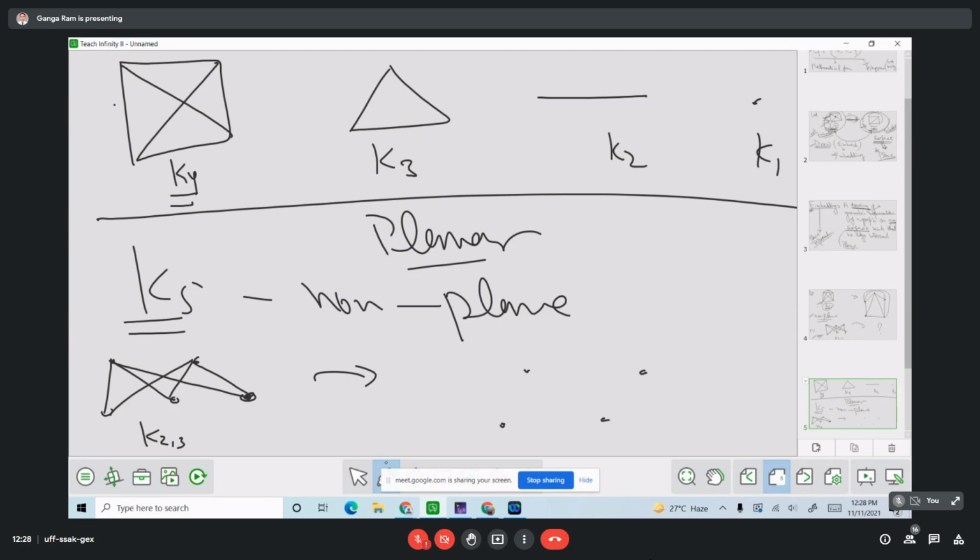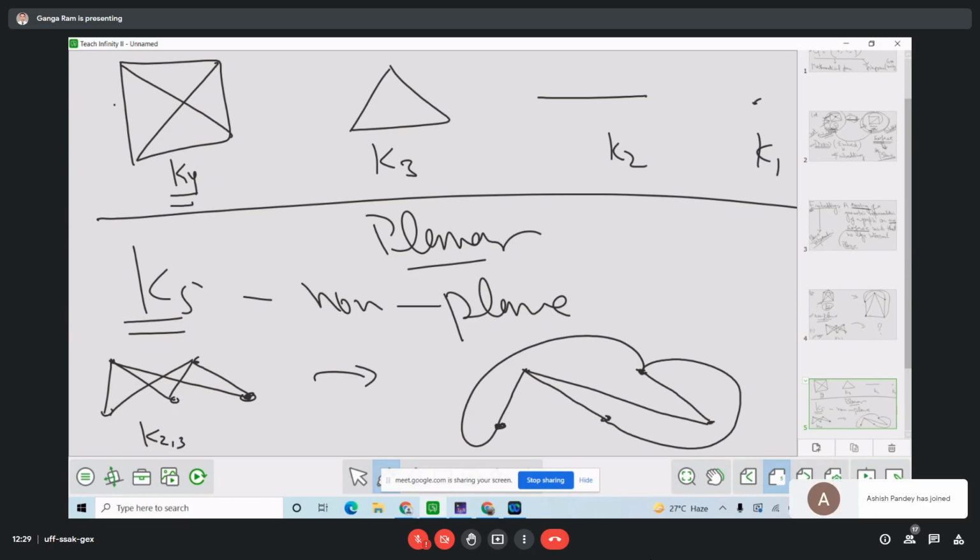It is planar. You can check this one and this one. Clear? Again, you can join this vertex to this vertex and this vertex like this way, and also you can join like this way. Okay, so this is the geometrical representation, and in this case K23 is planar.